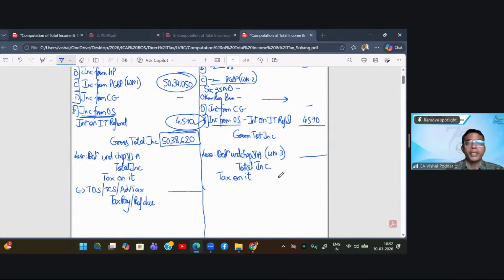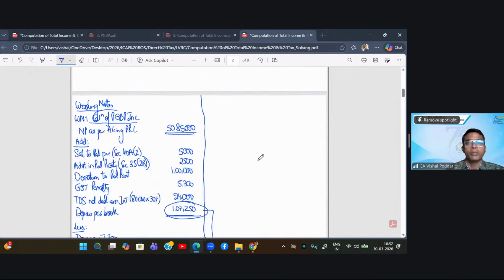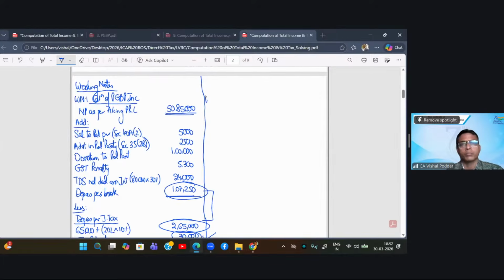Now, I need to go to PGBP working again. This is the new or the default scheme. Now working note 2, again calculation of PGBP. This is under the old scheme.